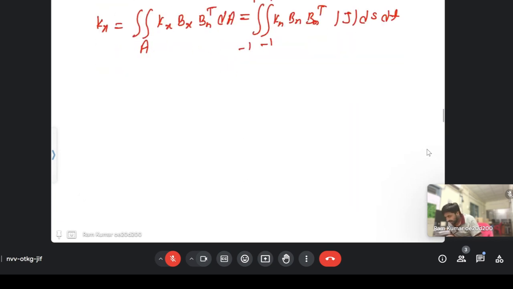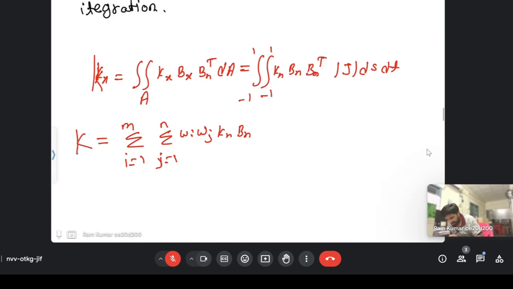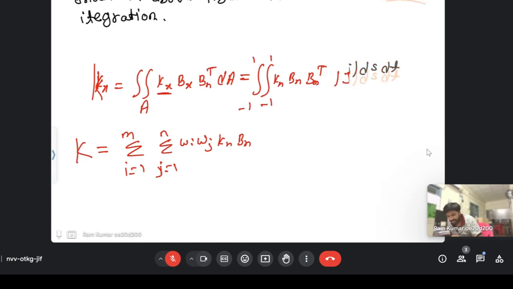So now what we have to do looks like summation i equal to 1 to m, j equal to 1 to n, then wi wj, our 2-point Gauss quadrature rule, then kx Bx. Actually this is different: this I will write as capital K, and this one is the small k that we have as a value.